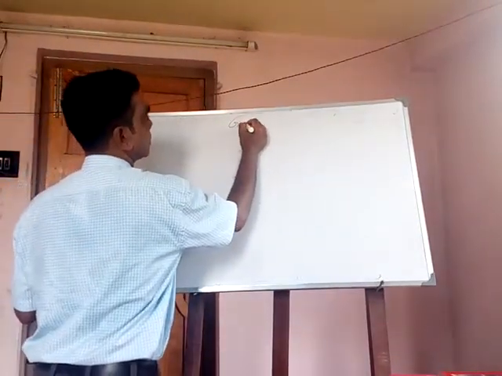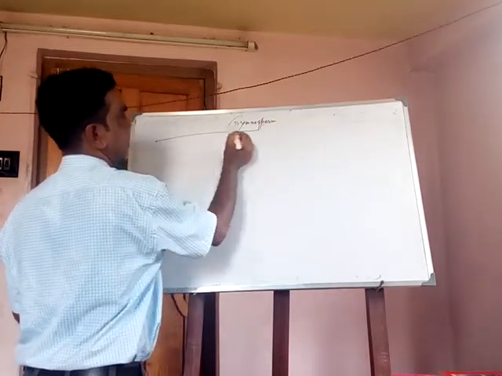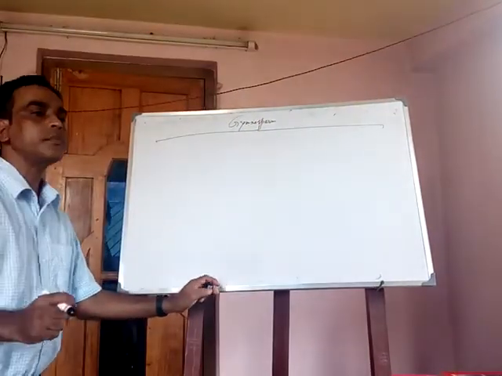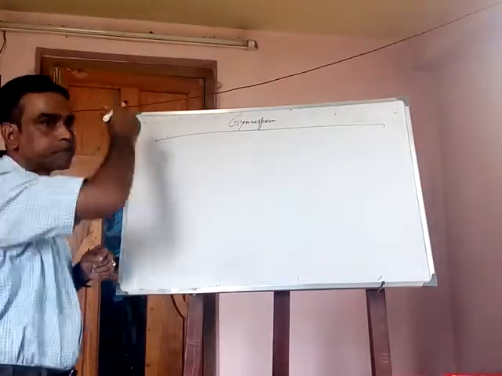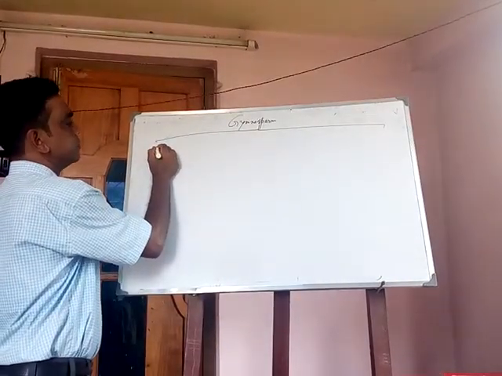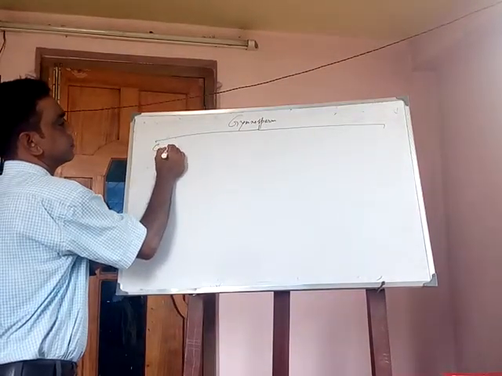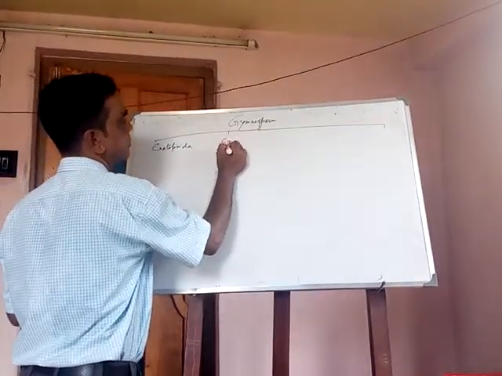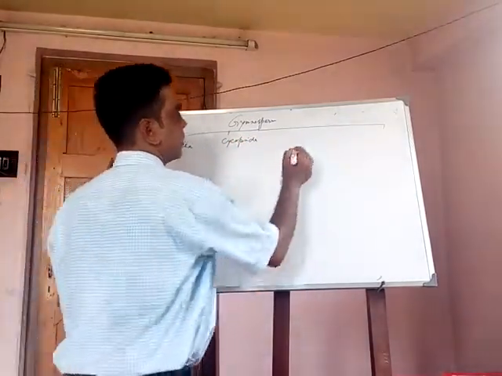Gymnosperms have three divisions: Cycadopsida, Psilophytopsida, and Coniferopsida.